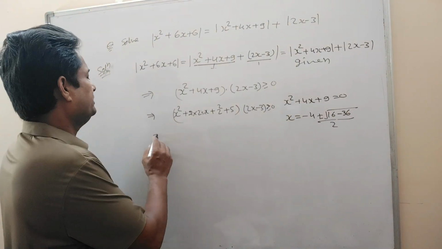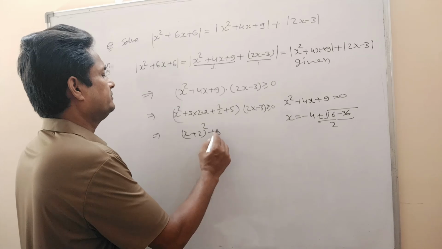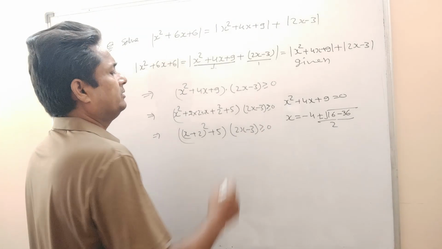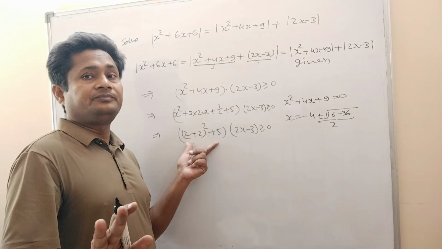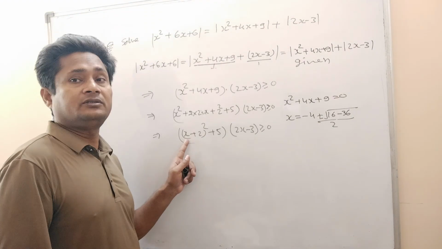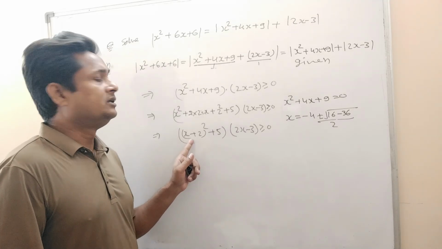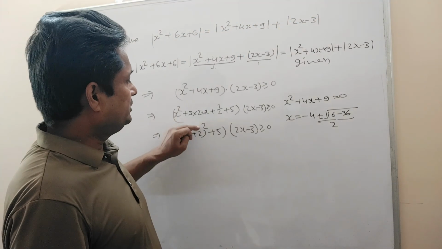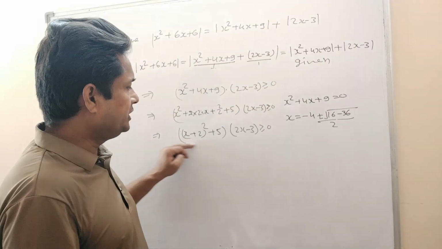So this can be written as x plus 2 whole square plus 5 into 2x minus 3 greater than or equal to 0. And see here, whether you put a negative value of x or a positive value of x, this will always give a positive number, because this is a square and it will never give a negative number.